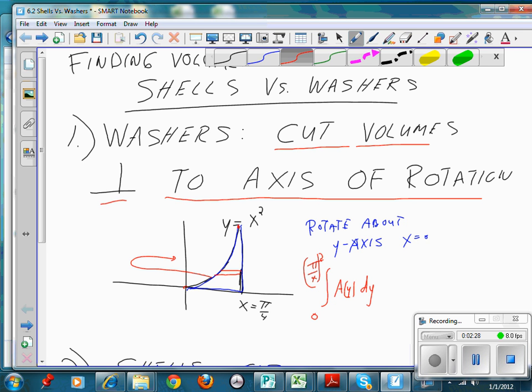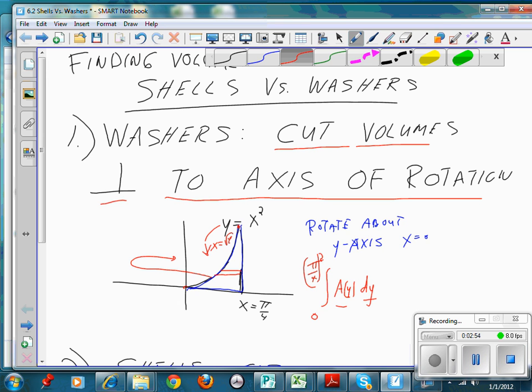Some problems, it's easy to use the shell method, hard to use the washer method. But the thing to remember with washers, I've got to make perpendicular cuts. So here I need to have a of y dy. I'm going to have to turn this into a function of x also. This is going to have to be x equal to the square root of y. So I've got a lot of work to do in this case.